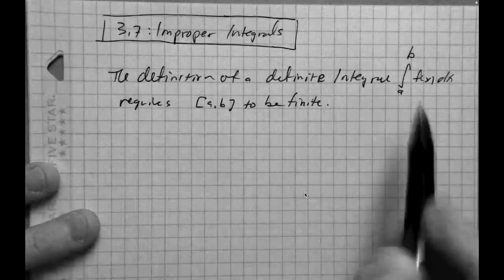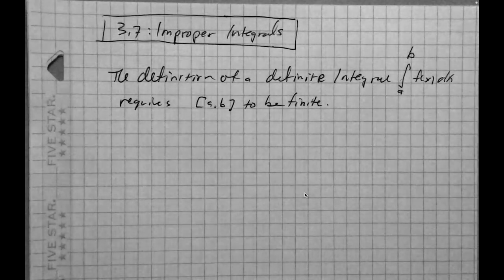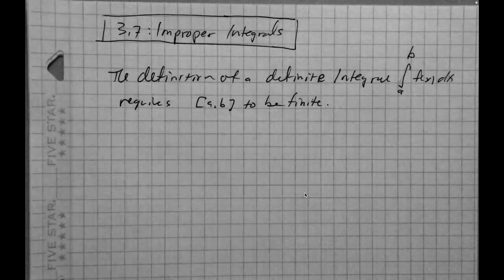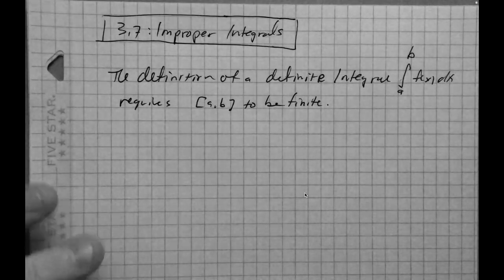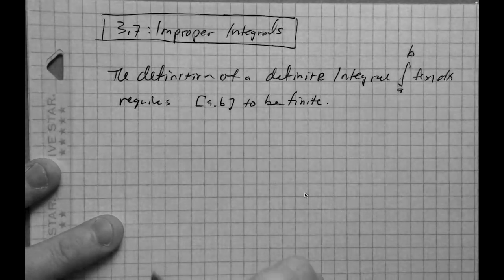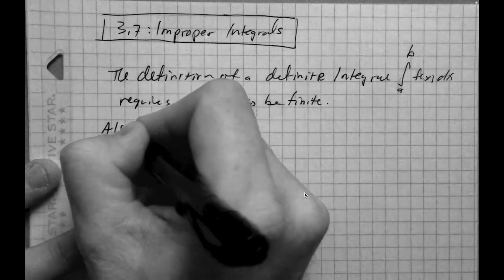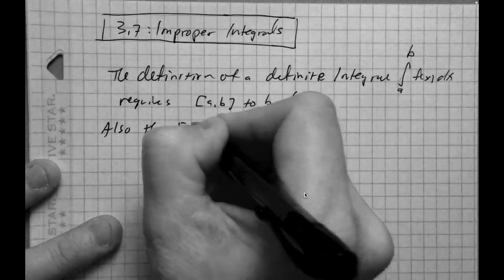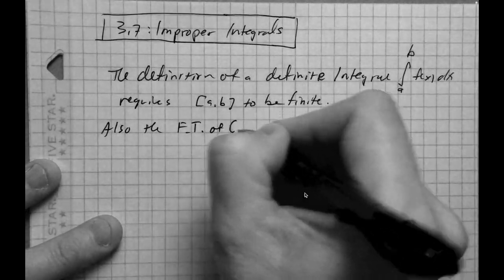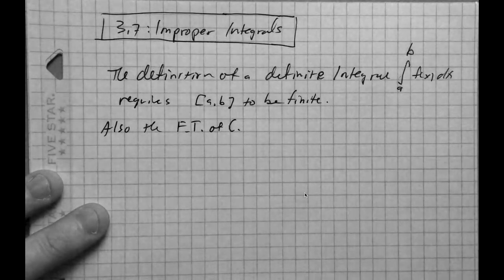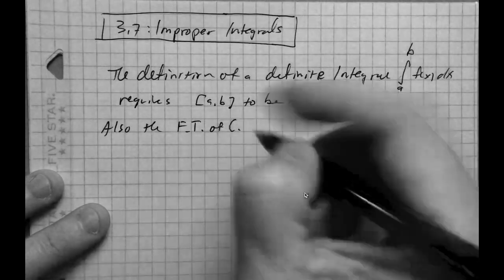So a and b are assumed to be finite numbers when we're talking about a definite integral. Another thing that we'll be in violation of here briefly is the fundamental theorem of calculus. If you remember back to the fundamental theorem of calculus, this is going to require f to be continuous on a, b.